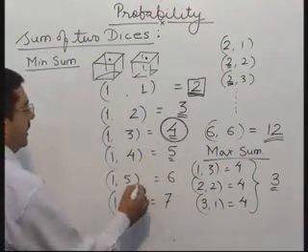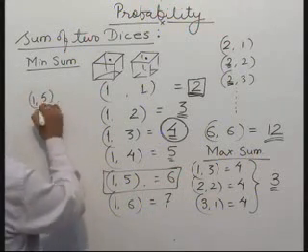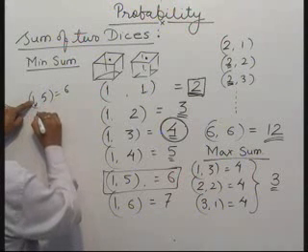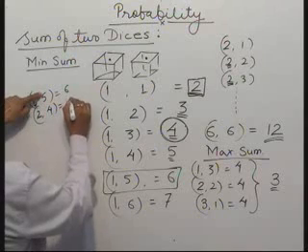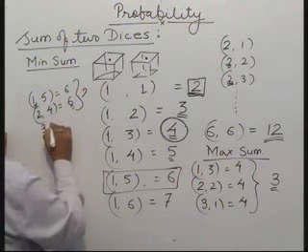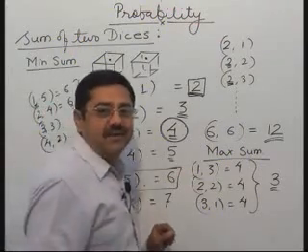What is the probability of getting sum 6? It is 1, 5, it is 6, and second is, this is minimum, second number is 2, so it should be 4, 2 plus 4, it is 6. So there is one more, 3, 3, then 4, 2.